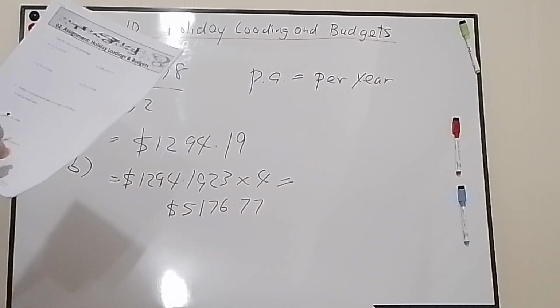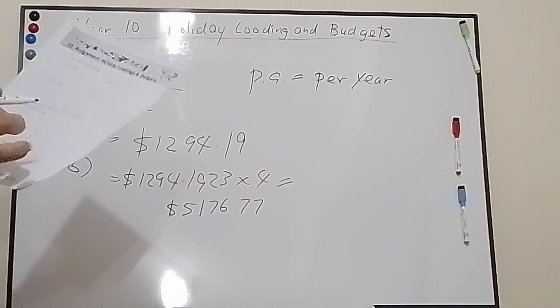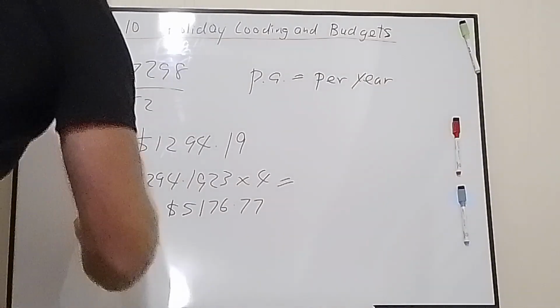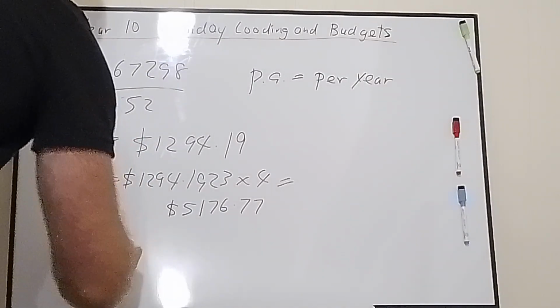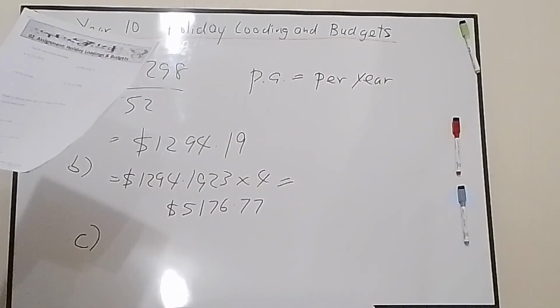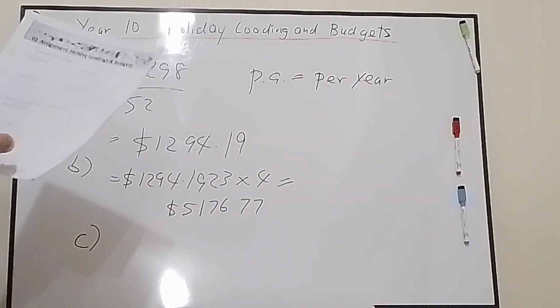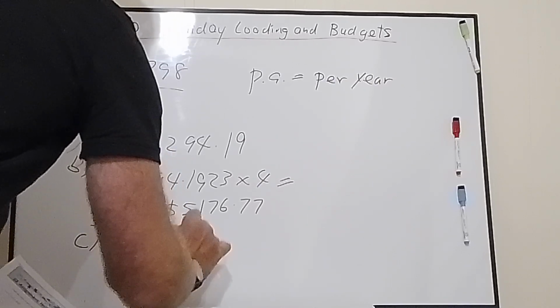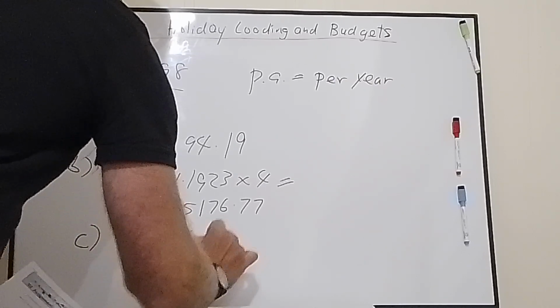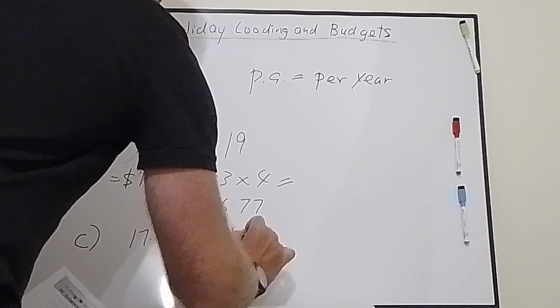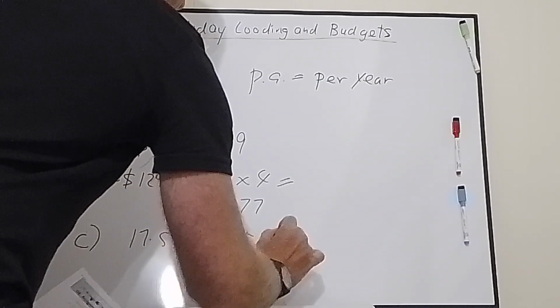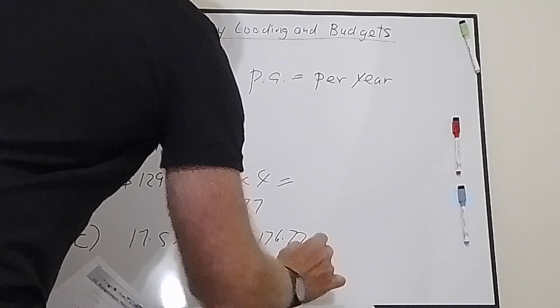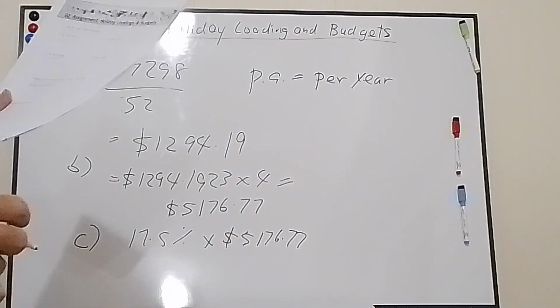In other words, find 17.5% of 4 weeks' pay. So we just use the answer to B. I'm not going to do the whole thing for you. What you do is multiply 17.5% times $5,176.77, and find what that comes to. We know how to multiply by percentage now.